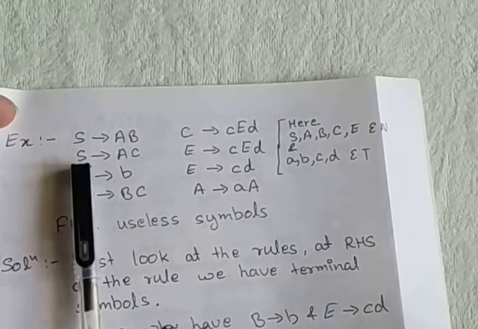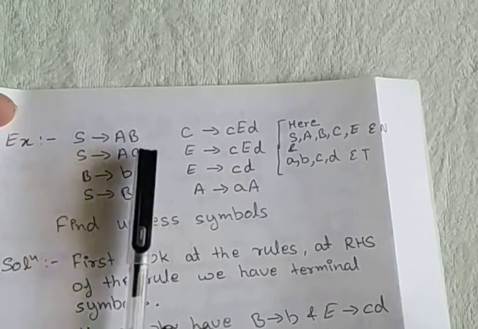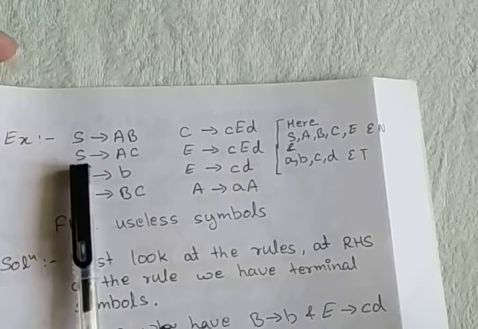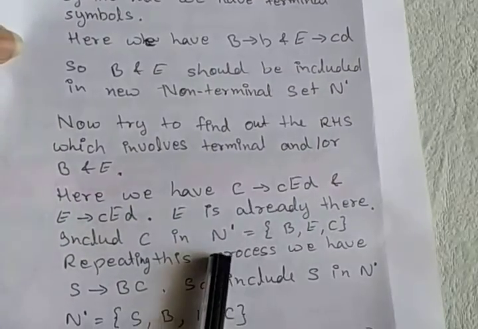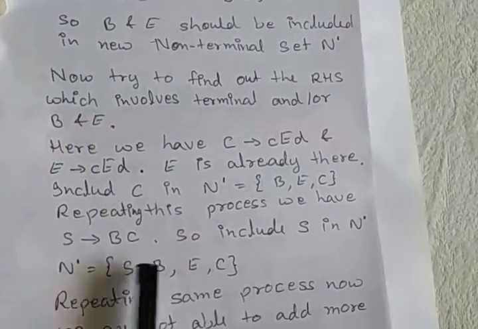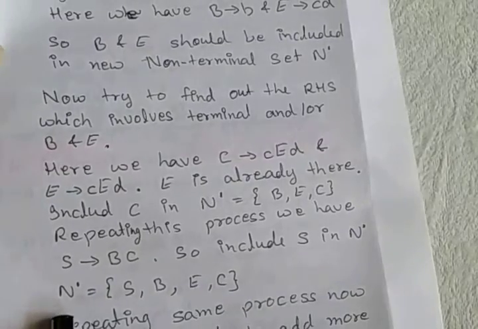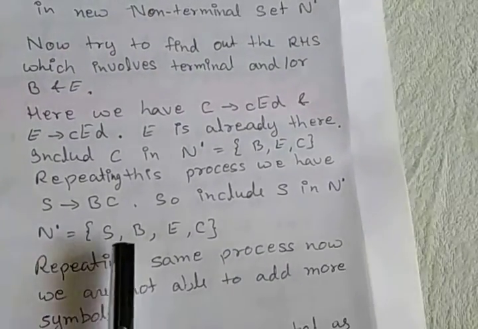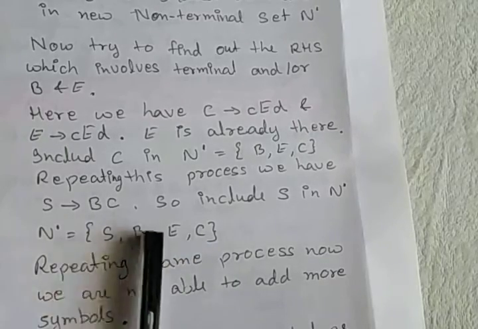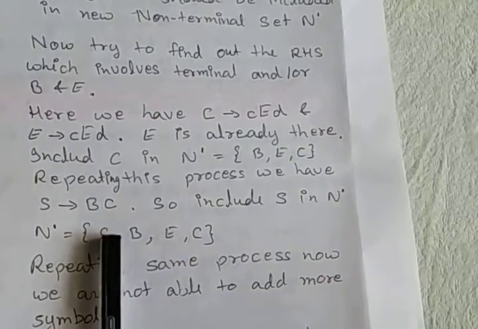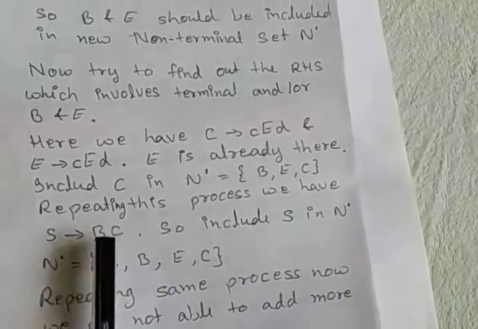So S can also be added to the N' set. Fine. So finally we have N' equal to S, B, E, C. Now keep on repeating this procedure and try to find all the non-terminals.